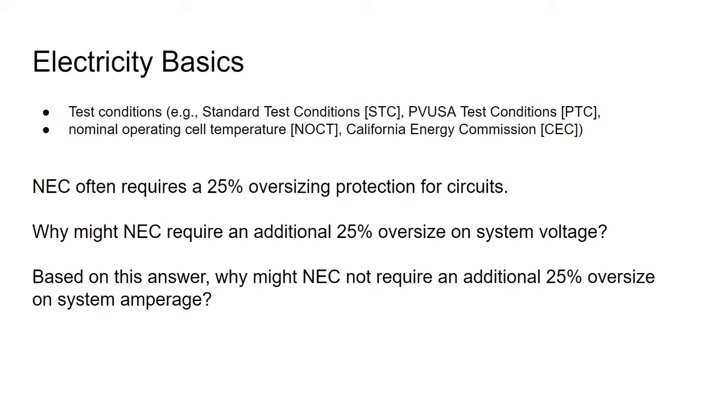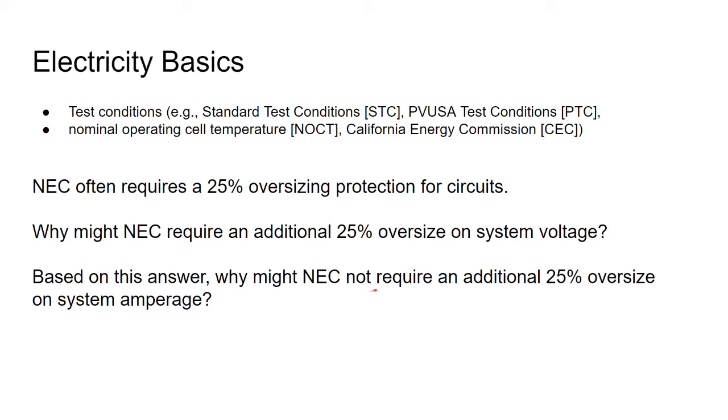And what we need you to do is allow for the normal oversize that you normally would do, and then recognize that because voltage and amperage on the system fluctuates so greatly in the field versus what you get at standard test condition, absent any other engineered calculation or current regulating device, we're going to make you do an additional 25% for the solar conductors between the array and the home run.